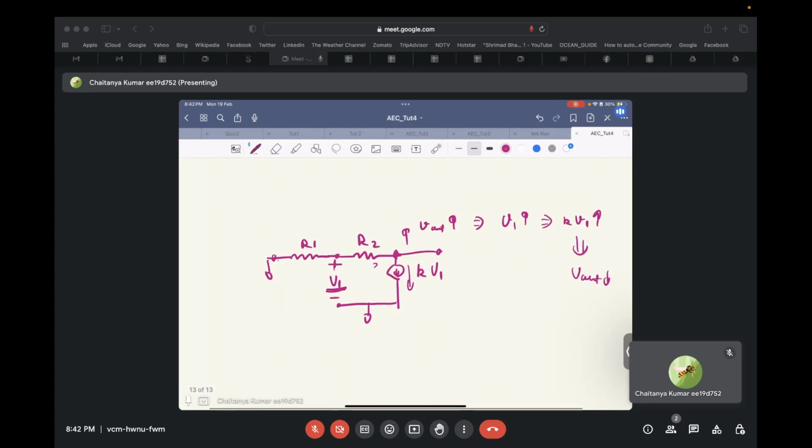And if the circuit is in negative feedback, the controlling parameter, that is V1, has to go to 0 if K tends to infinity.